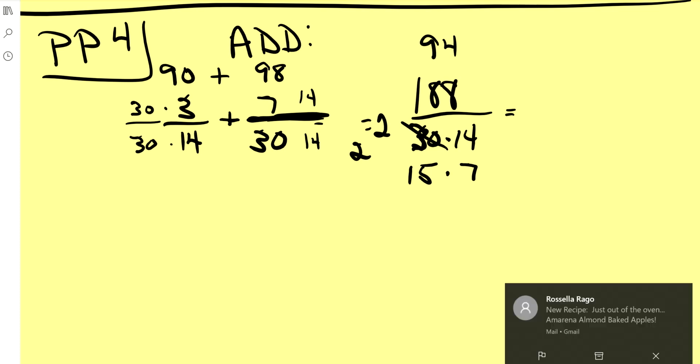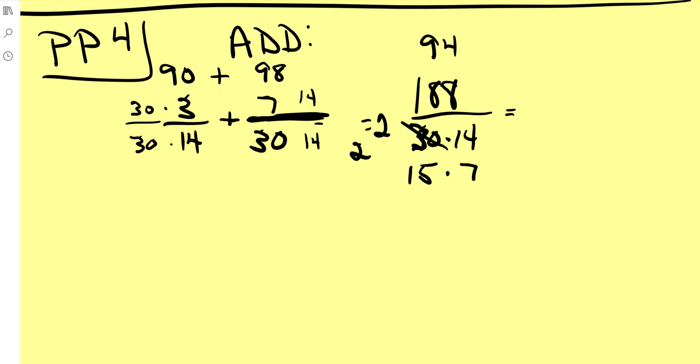What's half of 94? Looks like it's, well, 45 is 90, 46 is 92, and 47, it looks like, would be my top number. 47. So now 47 is a prime number, and I'm left with 15 and 7, so I have no numbers that'll divide into 47 over 15 times 7.